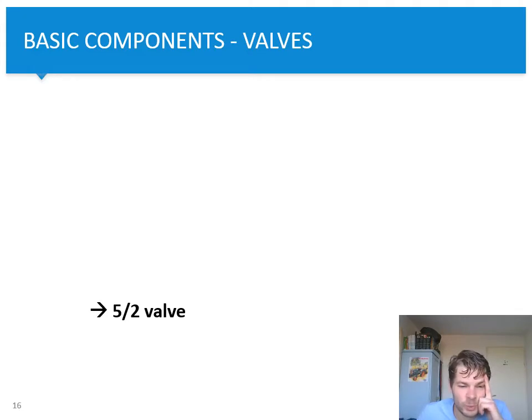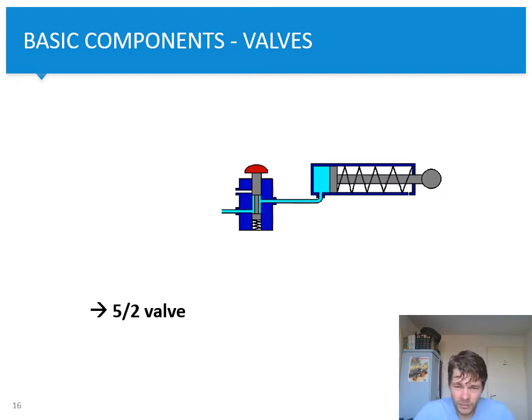Okay, let's start with the... I forgot to run my animation properly. I'm sorry. Let's start with this one. Over here we have a single acting cylinder which is retracted using a spring and extended using, I think, air or maybe oil pressure. It doesn't really matter now.